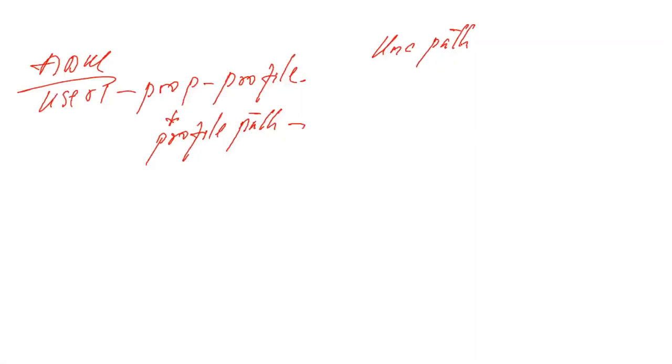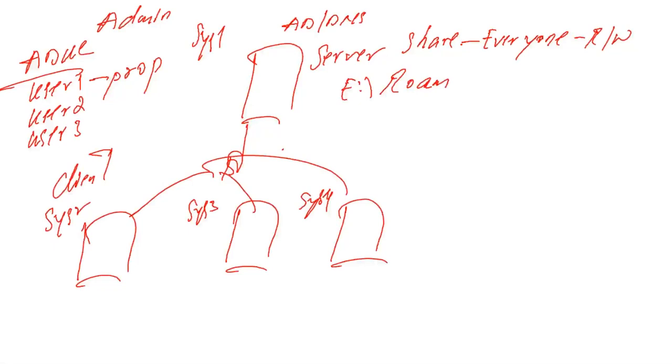So when you're giving the roaming path to a user in user properties, we have to use the system name. So what is the roaming path? We have to type the UNC path here, double backslash, then sys1 slash share folder name, that is roam, slash username also we have to type there, okay?